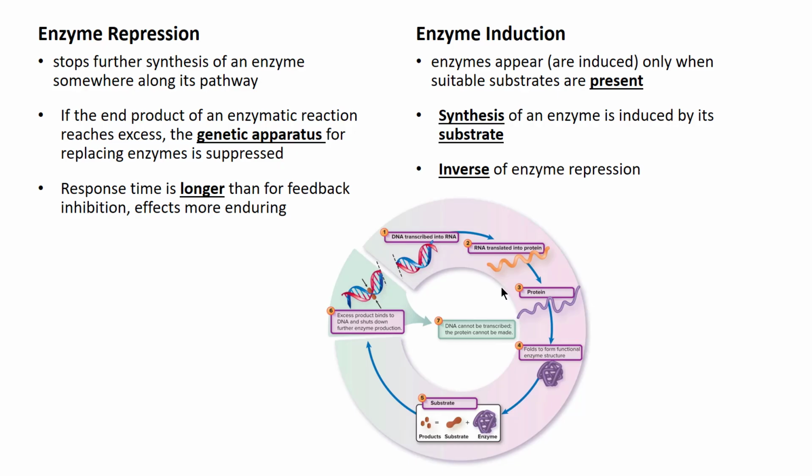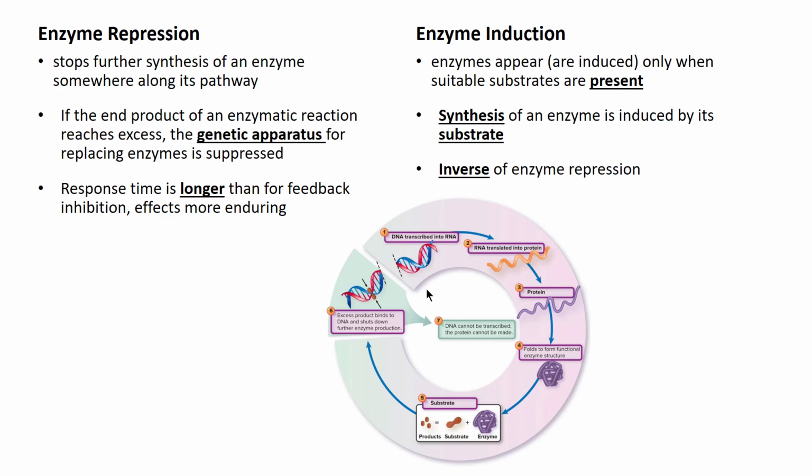And the last thing here is that this can also happen at the genetic level. So competitive and non-competitive inhibition occur when a molecule has already been produced. The protein or the enzyme already exists inside the cell. But when it comes to genetic regulation, you can have enzyme repression or enzyme induction.